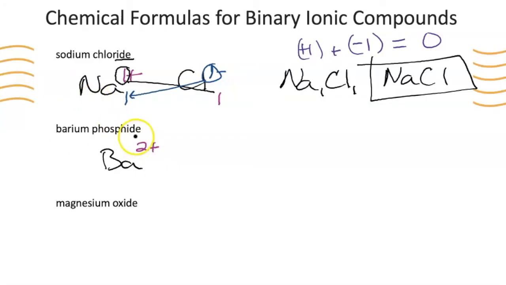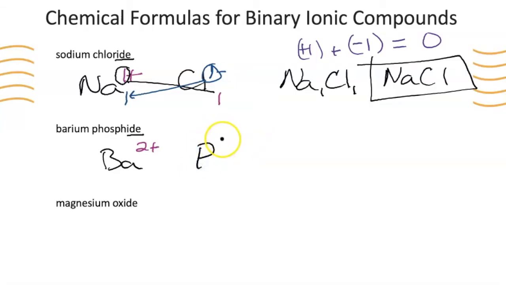The second element is phosphide. Since we have that -ide ending, we know that this is, well, 9 times out of 10, not a polyatomic ion. If you are confused on the polyatomic ions, please watch the video where we talk about how to name them. That will help you determine the difference between a monatomic ion and a polyatomic ion.